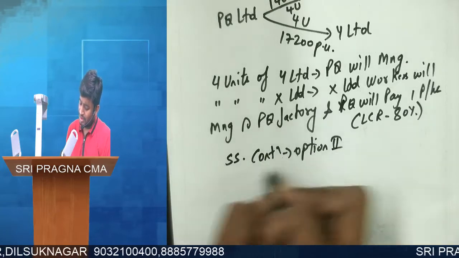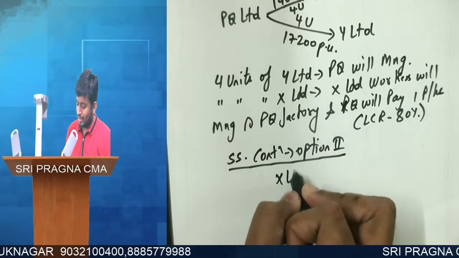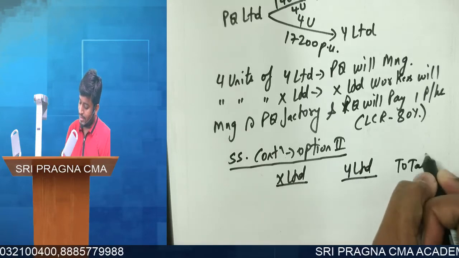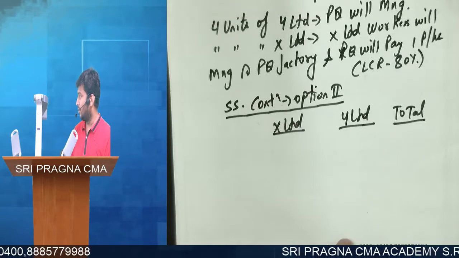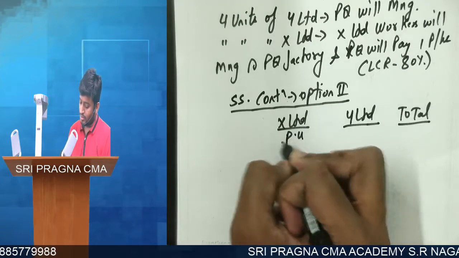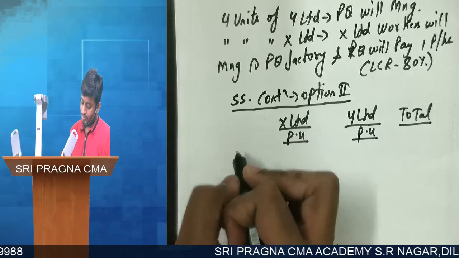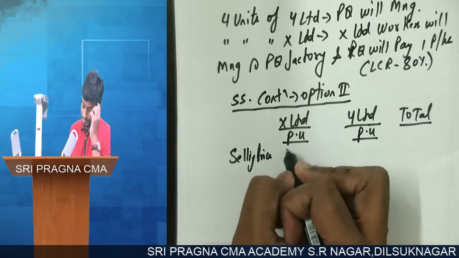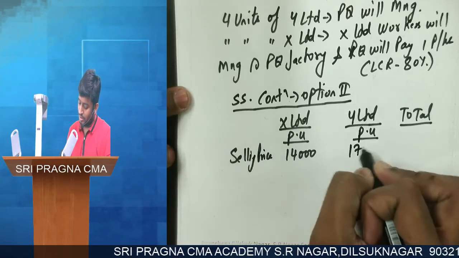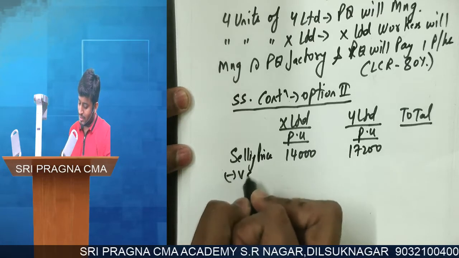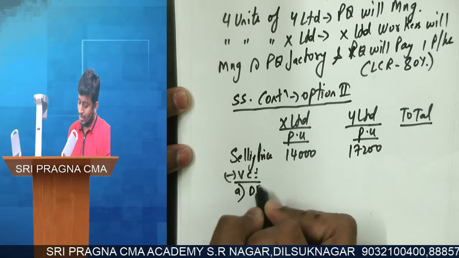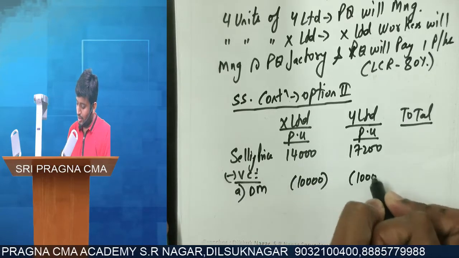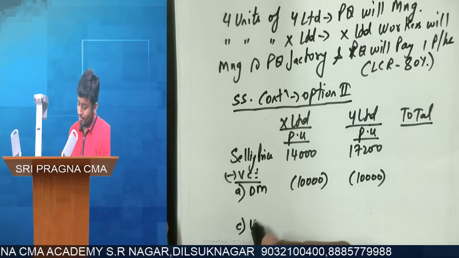Option 2. Again X Limited, Y Limited and total. This is per unit. Selling price, 14,000 less direct material will remain same. Variable overhead also will remain same.